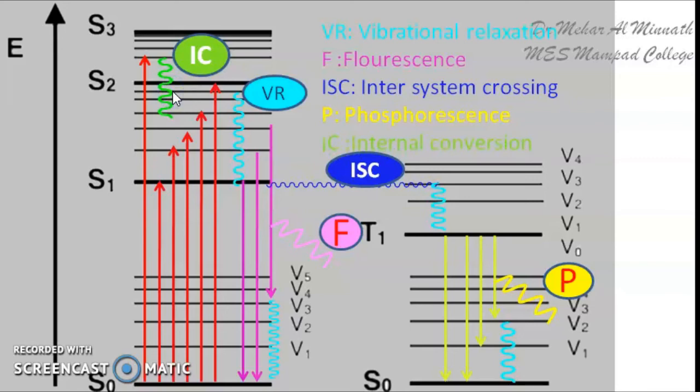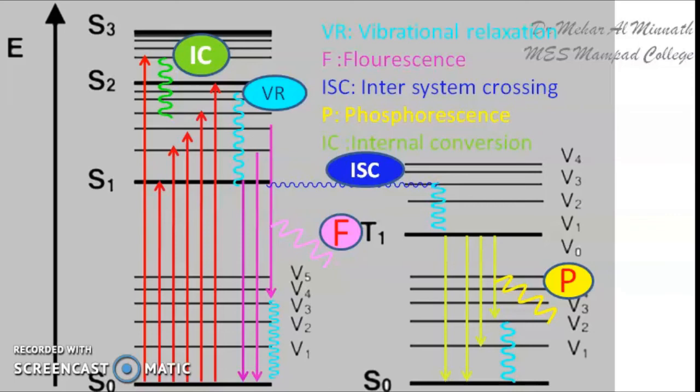Okay, so in internal conversion, what's happening? The electrons of the higher vibrational level of a higher electronic state come down to the next lower electronic state. So this is from S2 to S1. It is also a non-radiative mode of relaxation. Now here the spin remains the same.